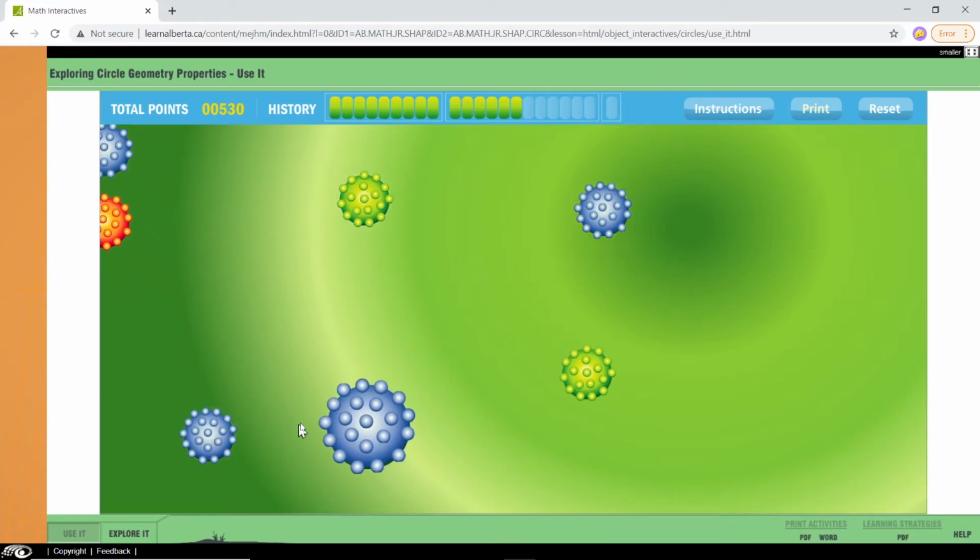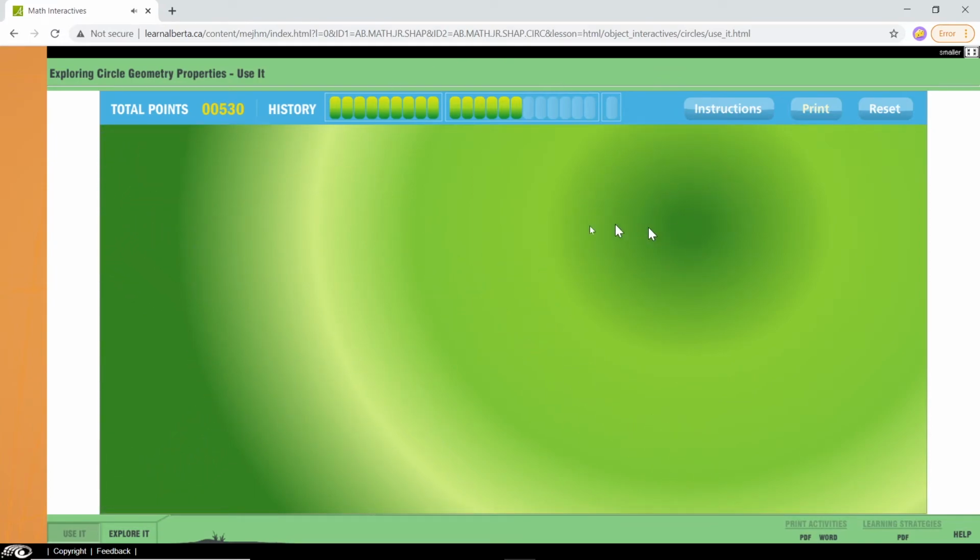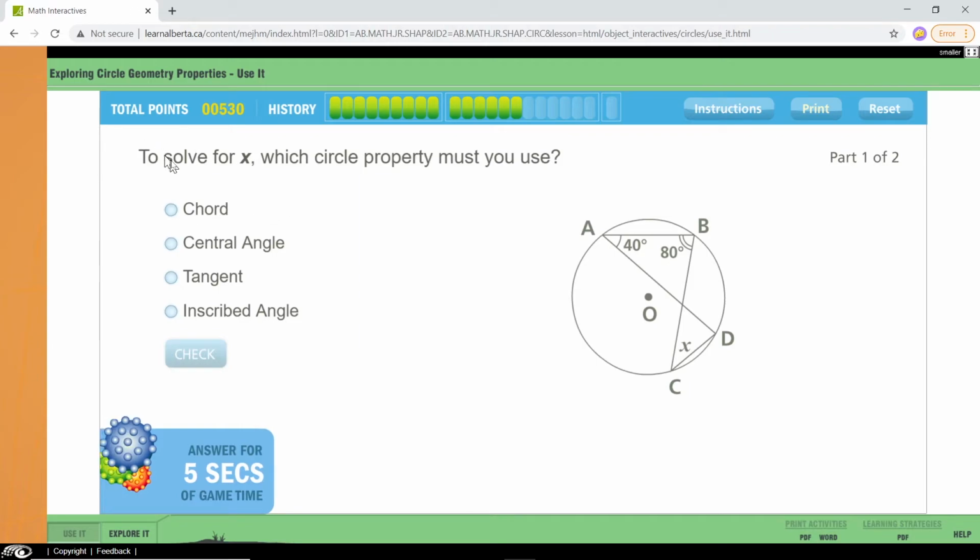Okay, to solve for x, which circle property must you use? So here, as you can see, from the same arc, the angle is formed. Therefore, you use the same-arc angle property.